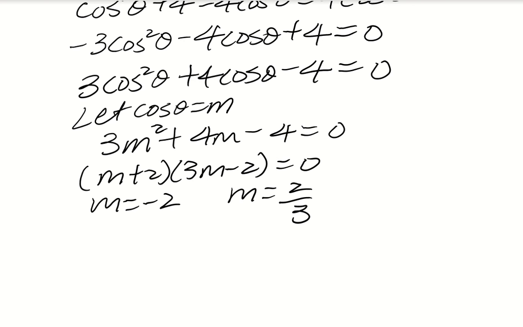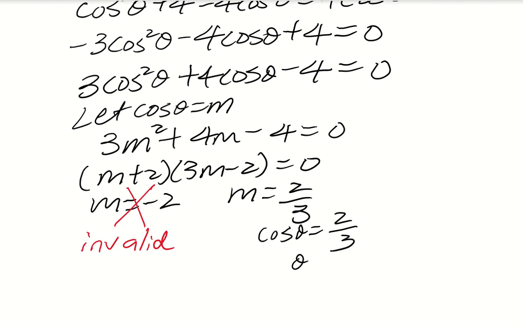Now we know that the range for the cosine function is from minus 1 to 1. Therefore, we say this one is not possible. We just say invalid. And for this one, we say cos theta equals 2 on 3. Theta equals 48 degrees 11 minutes.